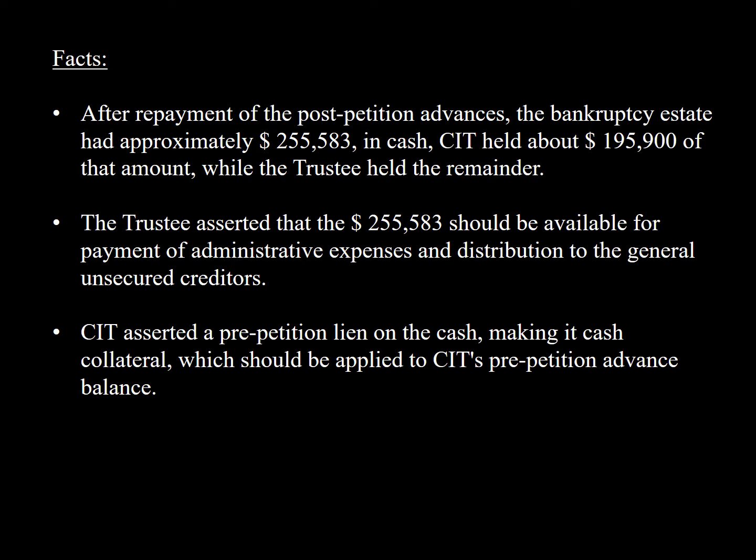And there was a dispute as to CIT's lien on pre-petition cash. The trustee wanted to distribute it to unsecured creditors and use it to pay lawyers, what have you, administrative expenses. And CIT said, wait a second, we have a lien on this pre-petition, and so it's not available to anybody else. It's ours.